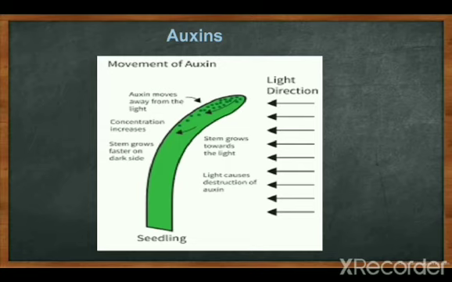Sometimes auxin also helps in the formation of seedless fruit. For example, in some fruits like apple, you see seeds are not present inside, or only a few smaller seeds, two to three, are present. They are basically seedless fruit.